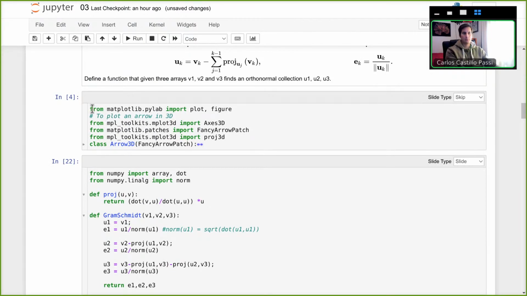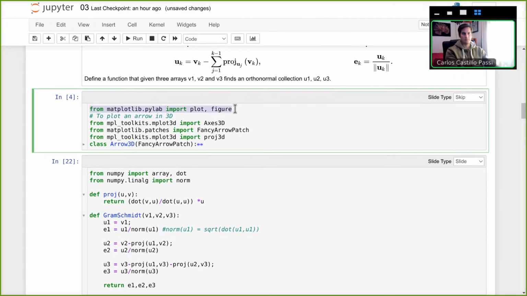To import matplotlib, you need to use the following line: from matplotlib.pylab import, and there you can import the functions you want, such as figure, plot, and show. I skipped this cell because we have done it multiple times, but that's how you do it.